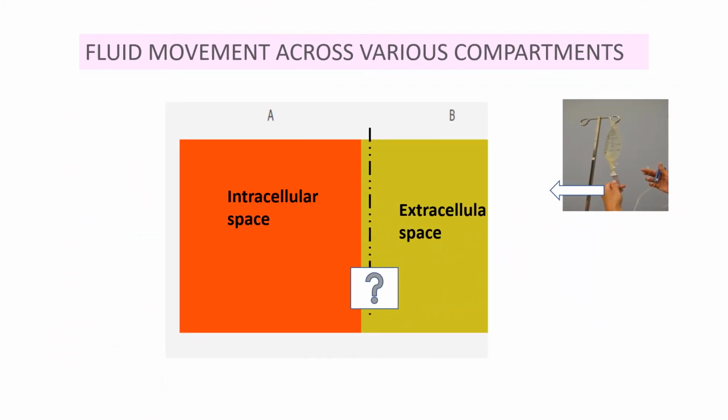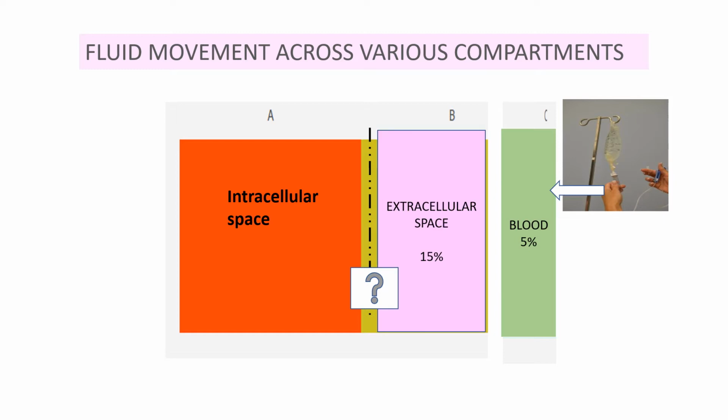Now, just to again explain this fluid movement across various compartments, we start giving some fluid into the blood. Blood comprises 5% of the total fluid that you have. Extracellular space is 15% and intracellular space is 40%. Total fluid is 60% of your body weight.